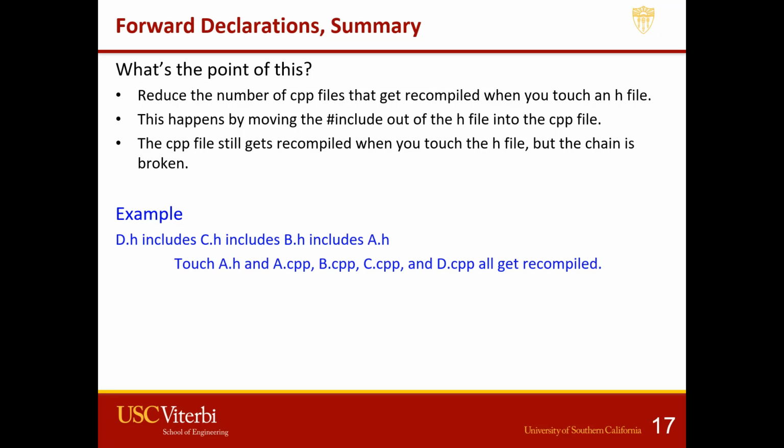That means you make an edit to A.h and you hit save. When you hit save on A.h, it will update the timestamp of the A.h file, and the compiler will know that the A.h file is newer than the A object code, meaning A.cpp must be recompiled.